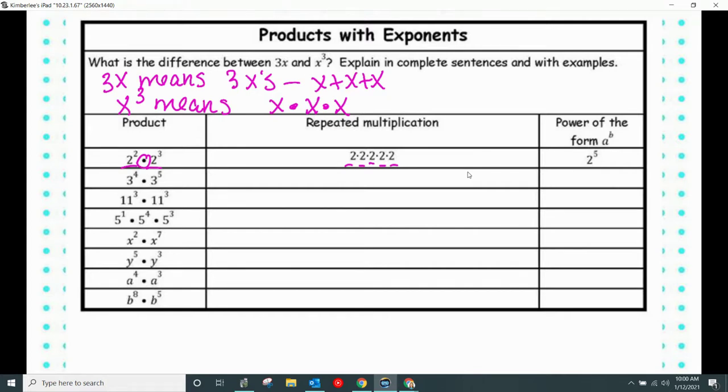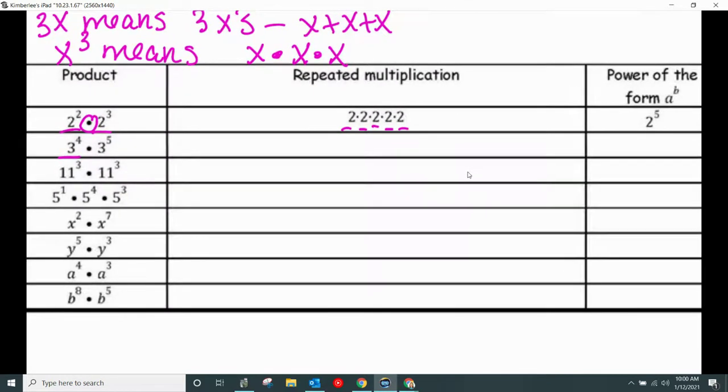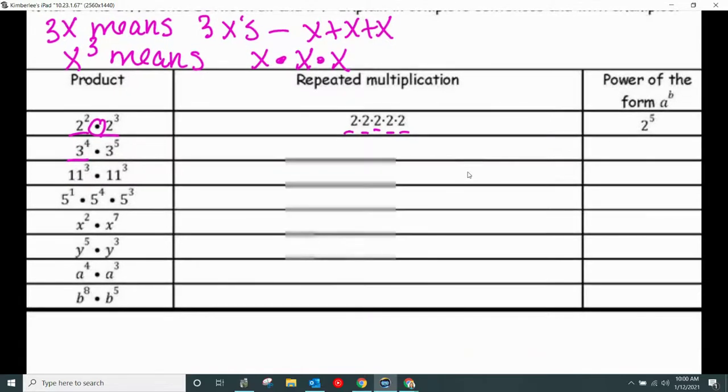So what we want to do is look at the base with the power. We're going to expand it out, and we want to see if we can collapse it back down and simplify it. And then see if we can figure out a pattern here. Okay, so we have 3 to the 4th power times 3 to the 5th power. Well, 3 to the 4th means 3 times 3 times 3 times 3.